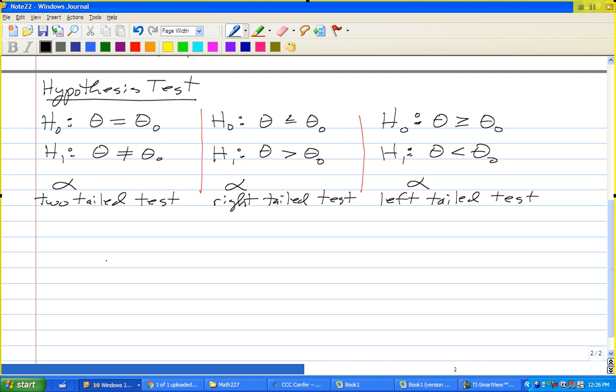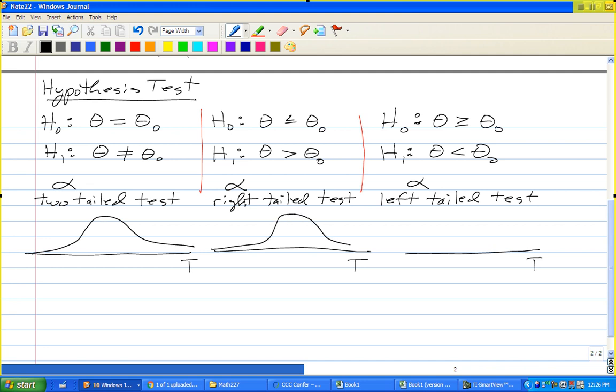Let me just draw a distribution. Let's say that my statistic is t. Suppose it's nice and symmetric, though it doesn't have to be symmetric or anything. I just do it that way.